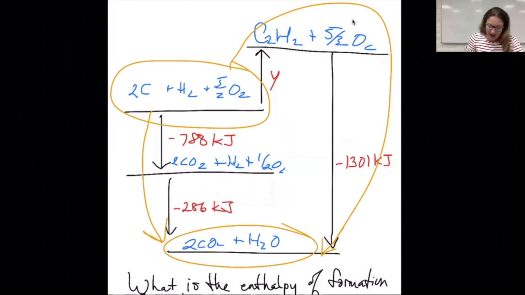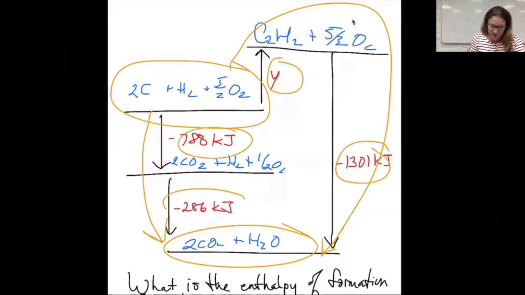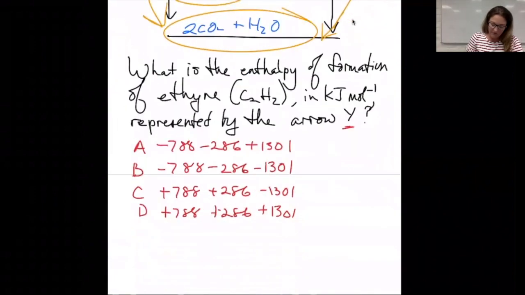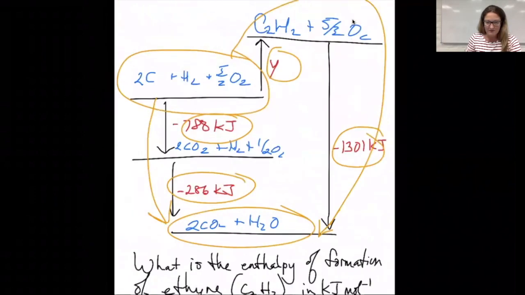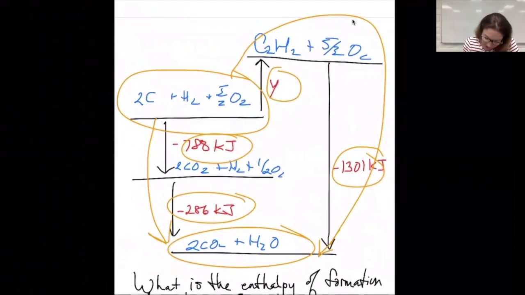So I know that this number combined with this number must equal this number combined with this number. Or more specifically, if I were to write it down up here, y when combined with negative 1301 must equal negative 788 minus 286.